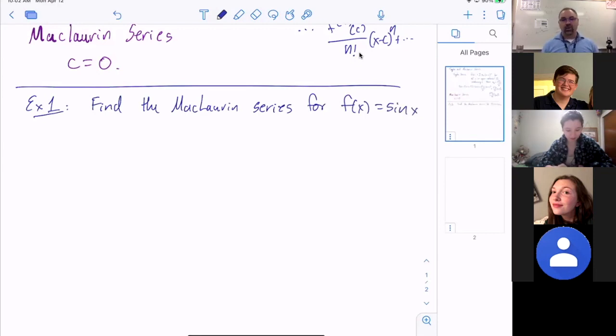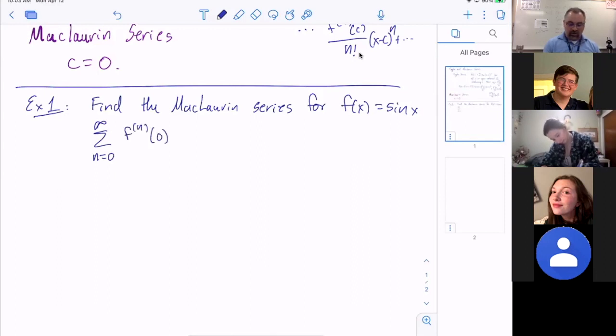Well, obviously, we know what that looks like, right? It's going to be the sum from n equals 0 to infinity of the nth derivative at the center, which is 0, over n factorial times x minus 0 to the n.